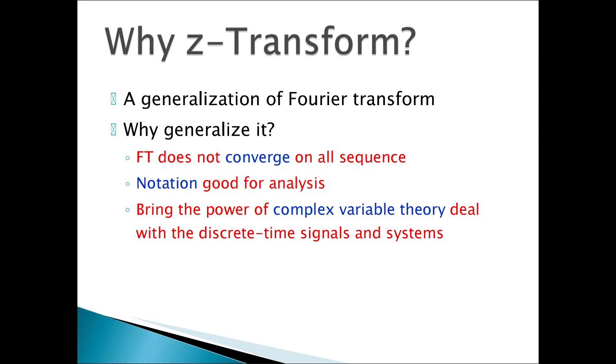That means continuous time signals can be analyzed effectively by making use of the Fourier transform, whereas discrete time signals can be analyzed effectively by making use of the Z transform.